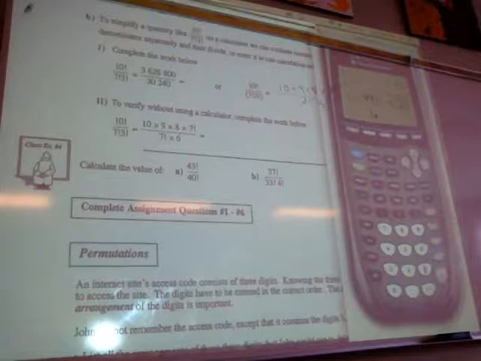Now the next one, probably the easiest way is just go 37 factorial, and then divide in brackets the denominator, 33 factorial times 4 factorial.